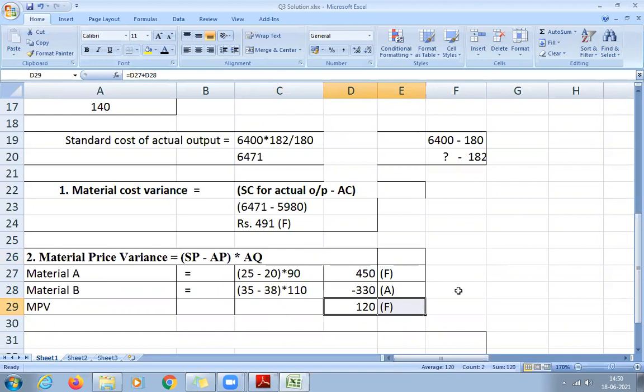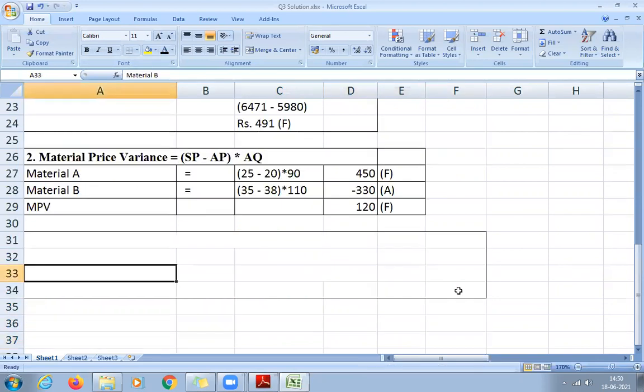So material price variance is 120 favorable. Did you understand? Yes or no?